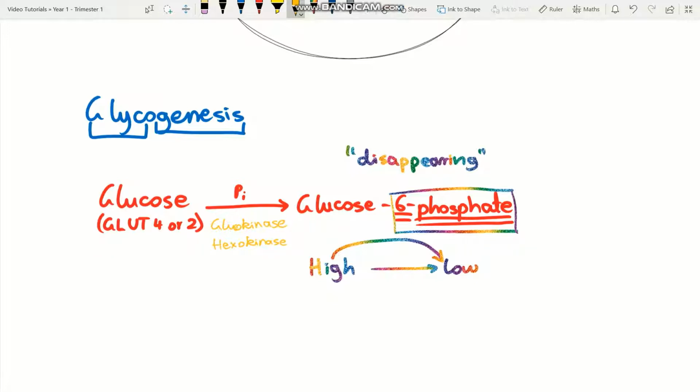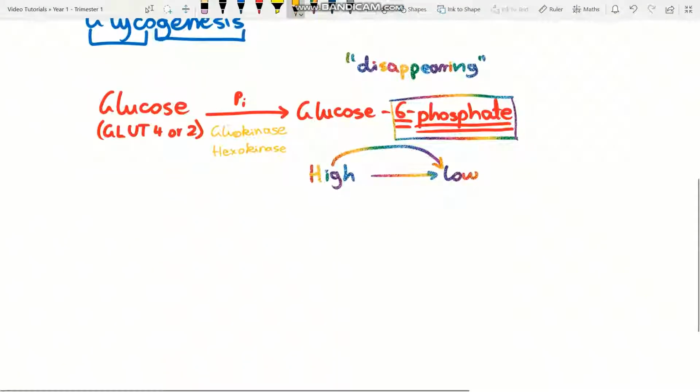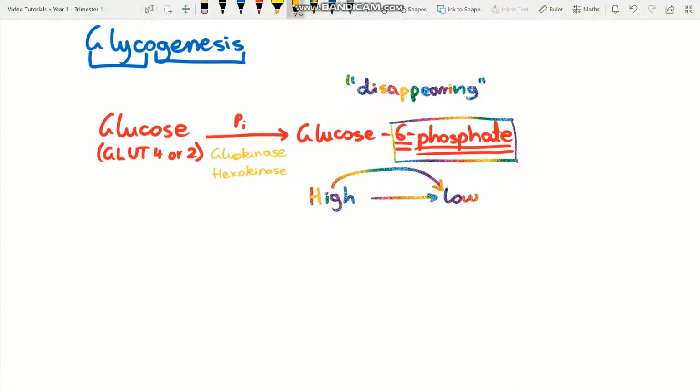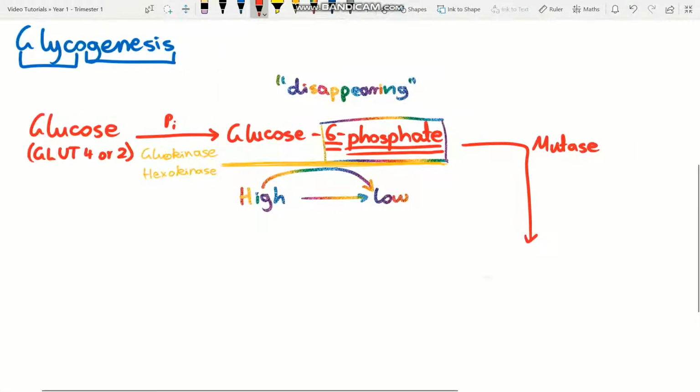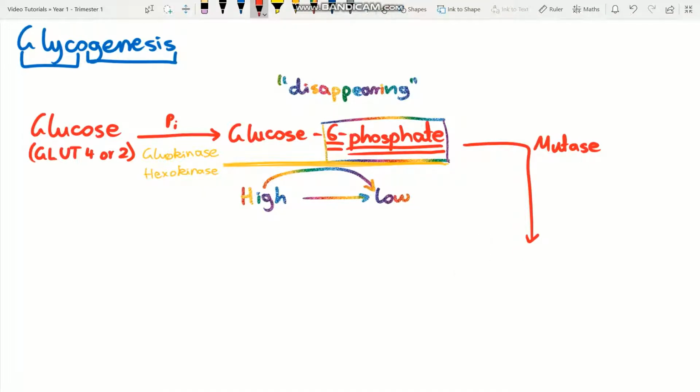Now, after we've added this phosphate group to the glucose, this is not actually the proper or functional form that will allow us to form glycogen eventually in the cell. So we need to convert this molecule to something else. So, next, it's converted through a mutase enzyme to glucose 1-phosphate.